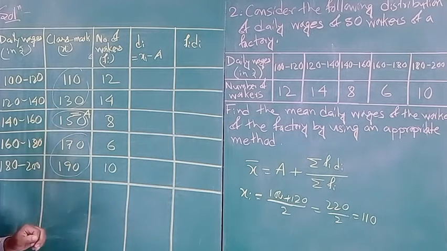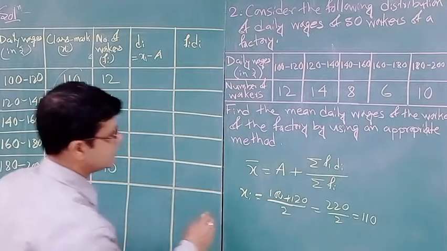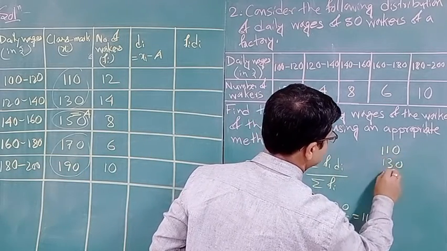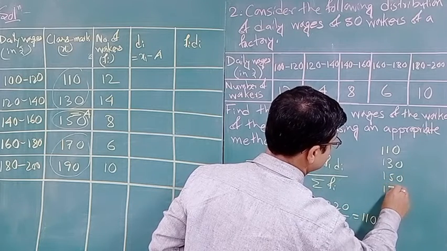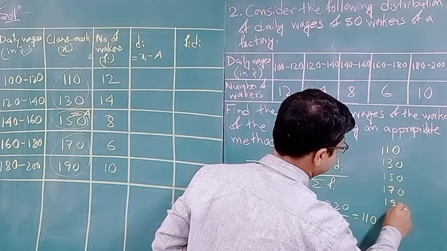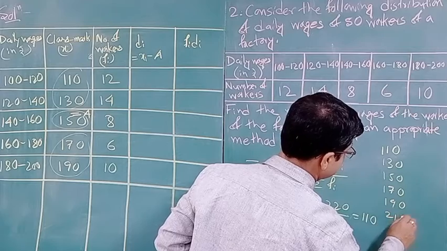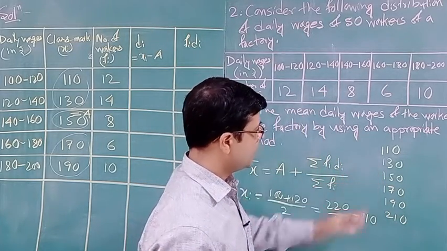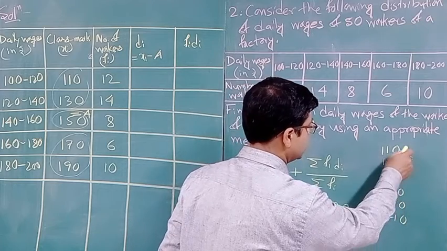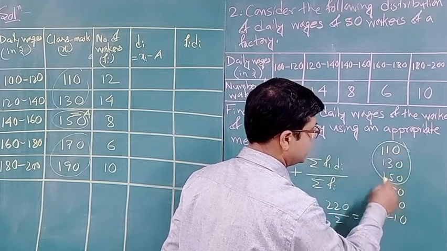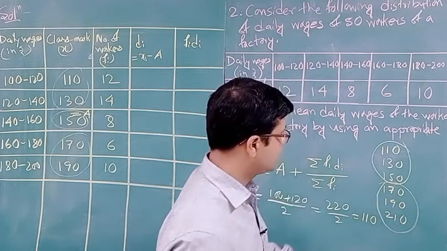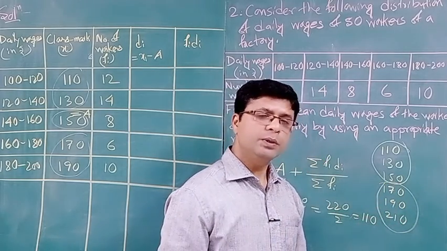Now sometimes you have a doubt if it is like this: 110, 130, 150, 170, 190, 210. Now what will happen? Which will be A? If we take this one, at the top there are 3 values and at the bottom also there are 3 values. So which one do we have to take?